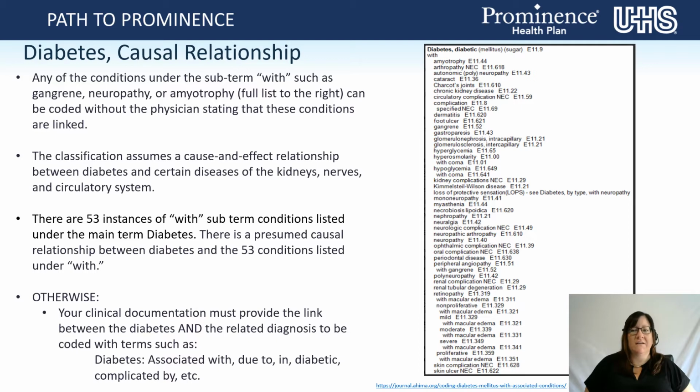Otherwise, your clinical documentation must provide the link between the diabetes and the related diagnosis, manifestation, or complication in order to be coded. So continue to use terms in your documentation such as diabetes associated with, diabetes due to, diabetes in, or diabetic such and such.